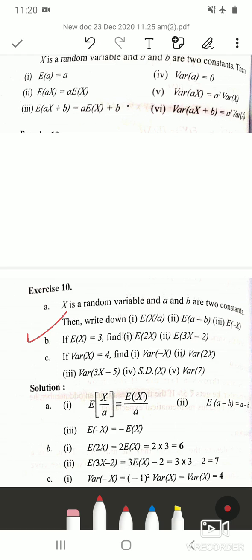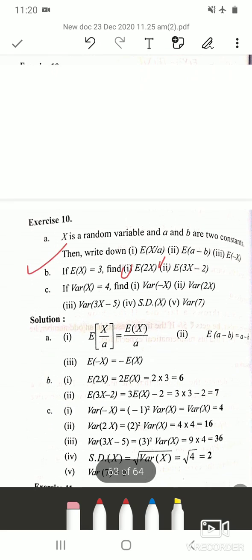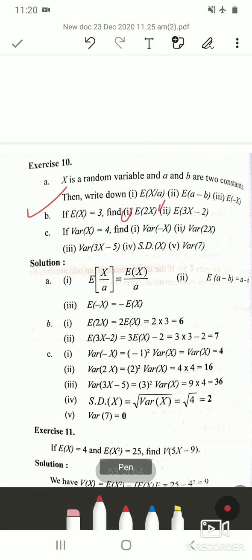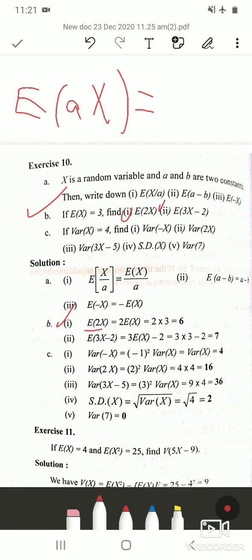So the B question is, if expectation of x is 3, find expectation of 2x and expectation of 3x minus 2. So let us solve the first sub question, that is expectation of 2x. This is of the form expectation of a into x, which is a into expectation of x. In place of a we have 2.